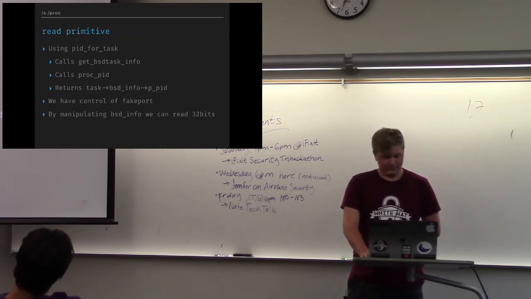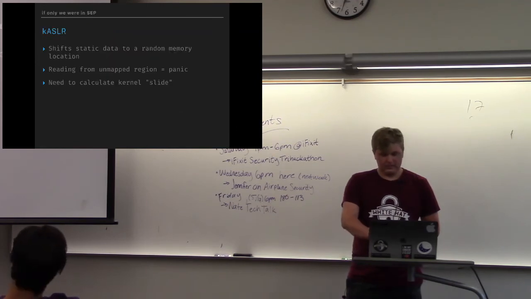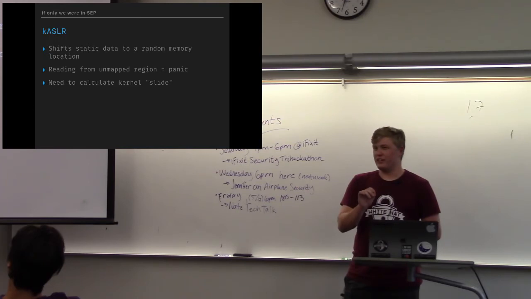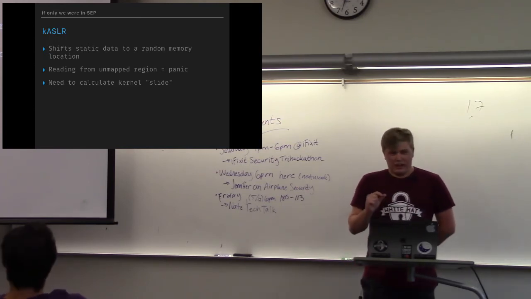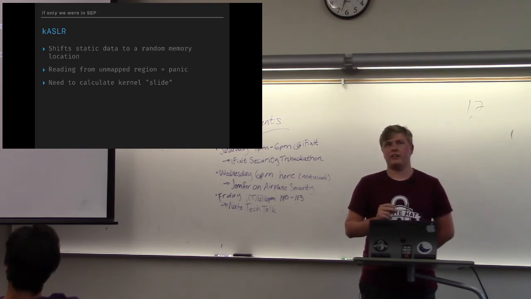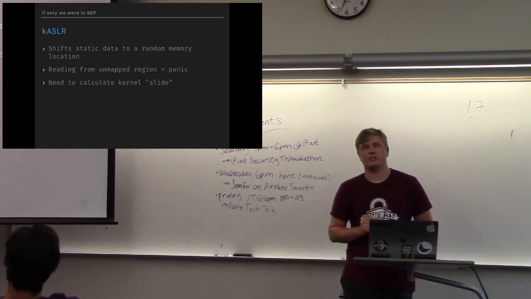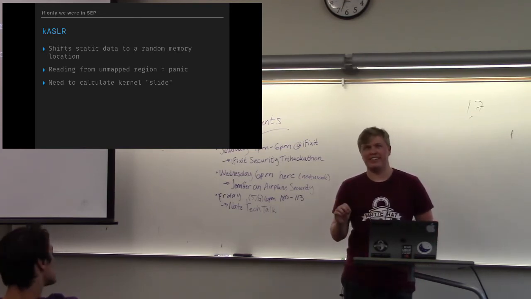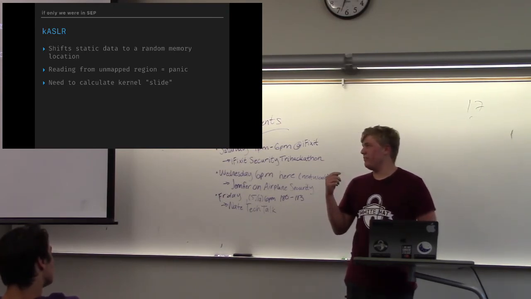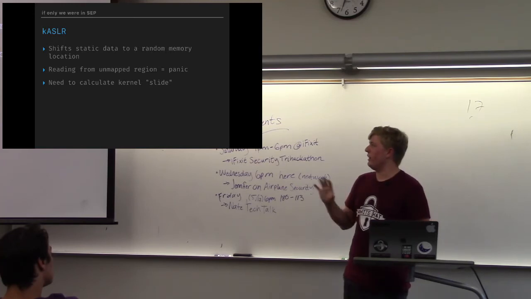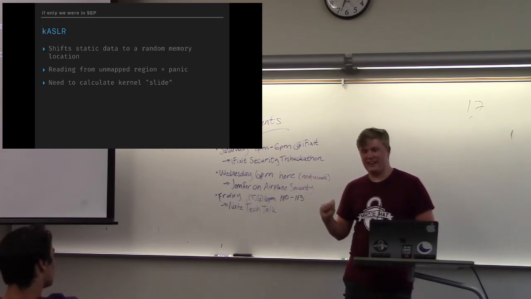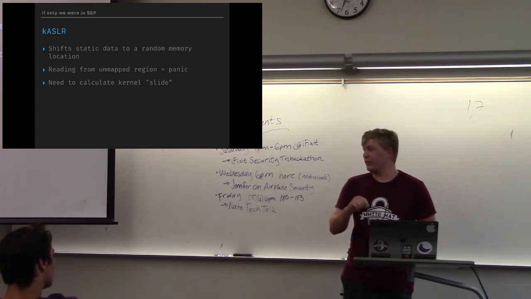So we're also going to hand wave over KASLR a little bit. I believe it was OS X 10.8 at that point, Apple introduced ASLR for the kernel, address space layout randomization for the kernel.